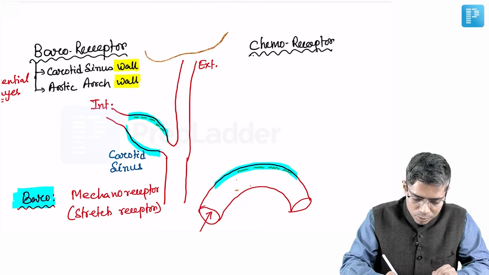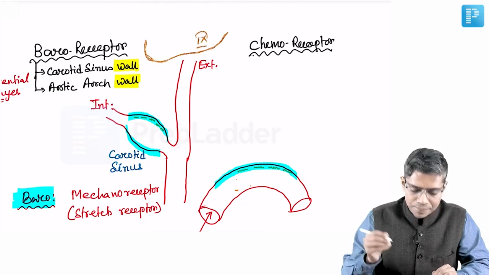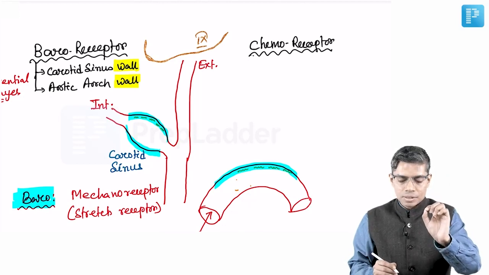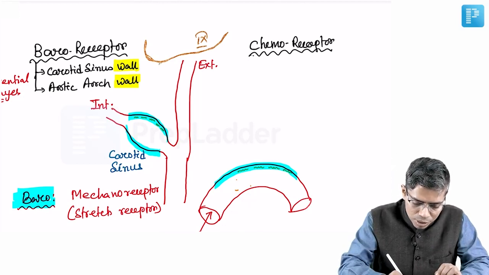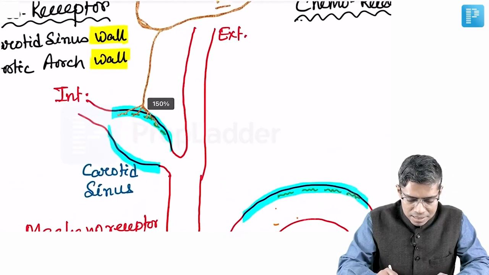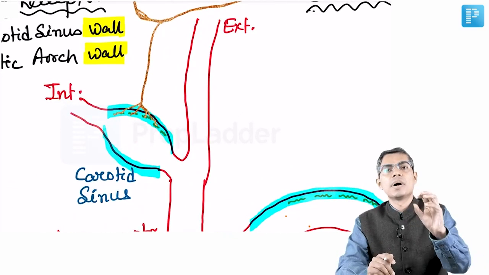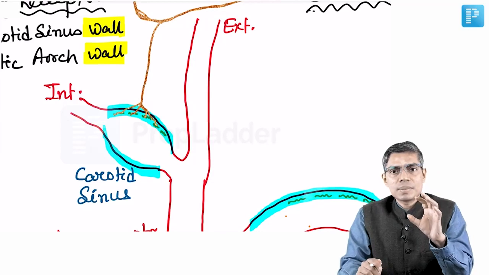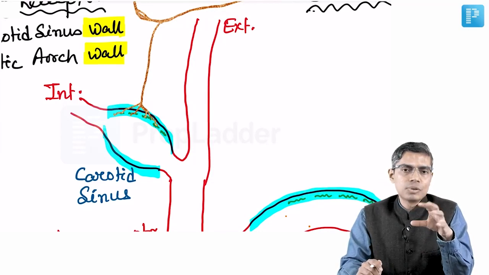So suppose this is my glossopharyngeal nerve, right? Ninth cranial nerve. A branch of this glossopharyngeal nerve is going to supply the sinus region, and the terminal end of this branch will be divided into multiple parts, and this is nothing but my baroreceptor. So baroreceptors or mechanoreceptors are nothing but neuronal endings.